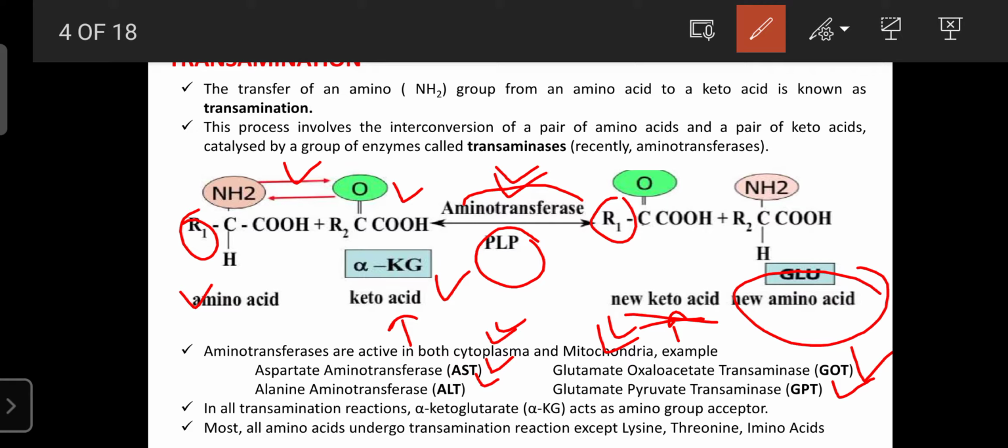Among these four, AST and ALT are frequently involved in the catabolism of amino acids. And the catabolism of amino acids is responsible for causing a negative nitrogen balance. Already you learned in the last class that when catabolism is more, the output is more compared to the input. That is known as the catabolic effect.